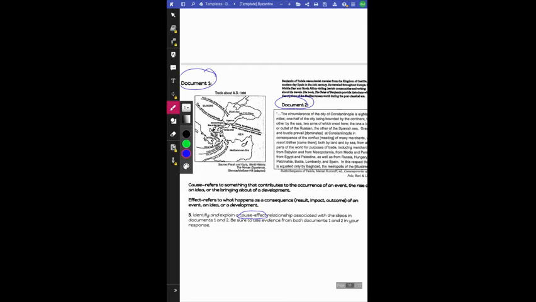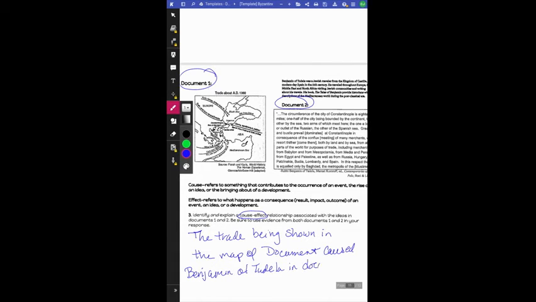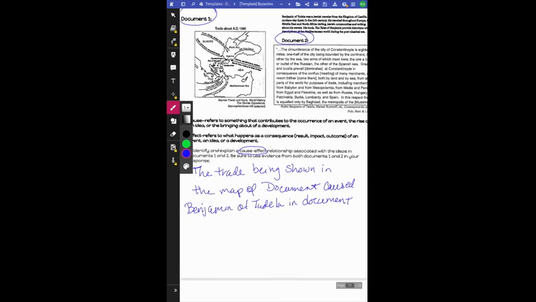In this case, I would say that the trade being shown in the map of document 1 caused Benjamin of Tudela in document 2 to visit and describe the greatness of this trading city.